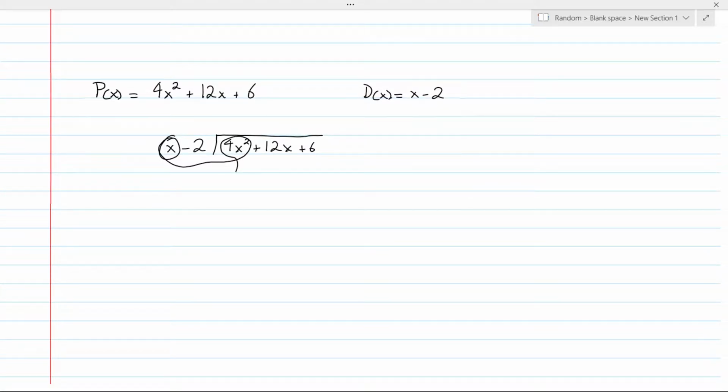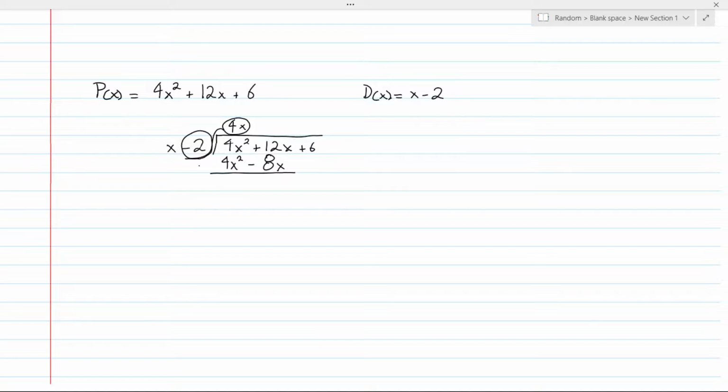And in this case, I can multiply by 4x. And that gives me 4x squared. But if I multiply x by 4x, I also have to multiply minus 2 by 4x. And that would give me minus 8x.